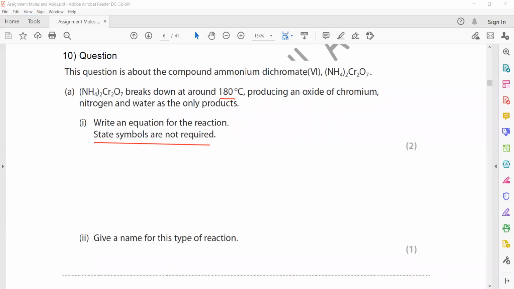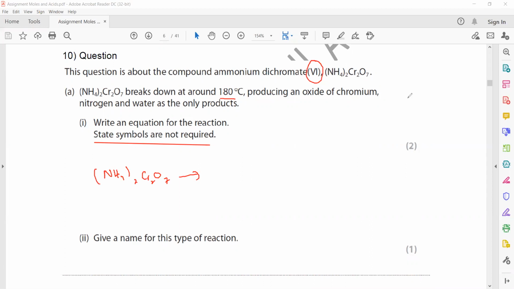So this is a thermal decomposition. As I mentioned, it decomposes to give an oxide of chromium, nitrogen and water. So we have ammonium dichromate, so it gives nitrogen, it gives an oxide of chromium. And what is the oxidation number of the chromium here in this compound? As I mentioned, it is chromium 6.